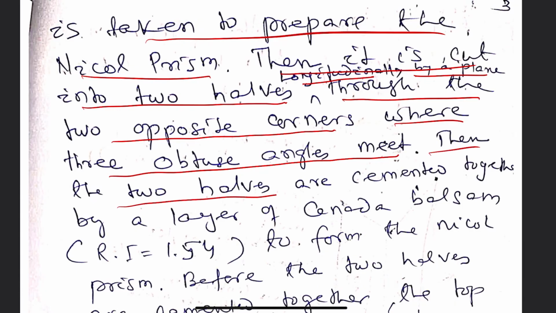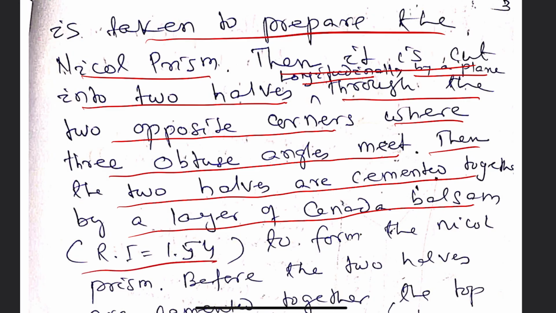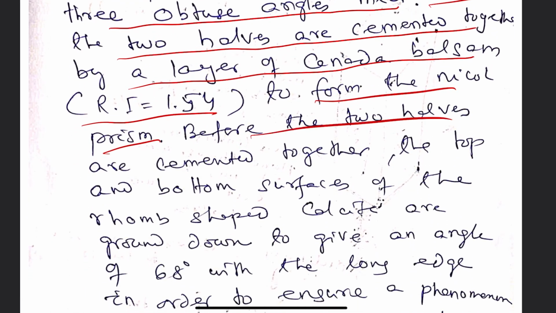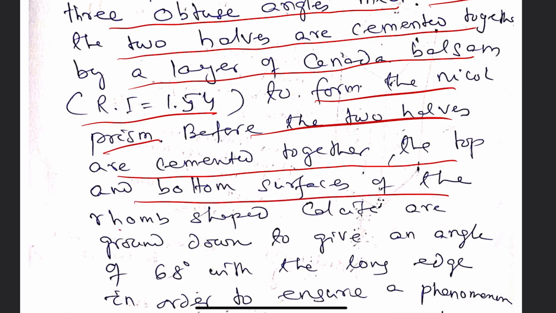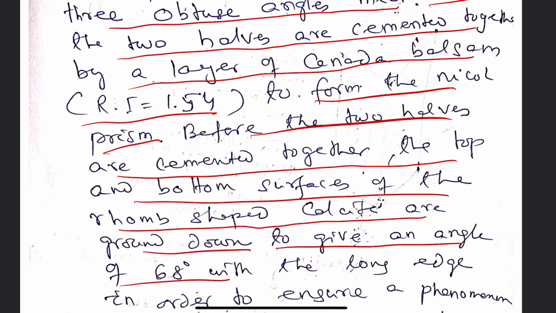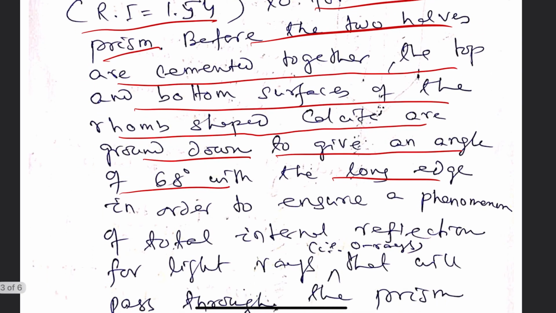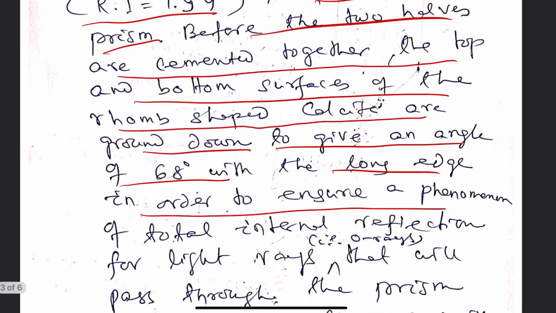Then these two halves are cemented by a layer of organic material, that is Canada balsam, having refractive index 1.54. So they are cemented together to form this Nicol prism. Before these two halves are joined together, the top and bottom surfaces of the rhomb-shaped calcite are ground down to give an angle of 68 degrees with the long edge in order to ensure total internal reflection.